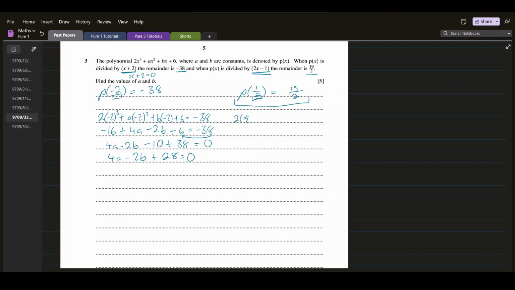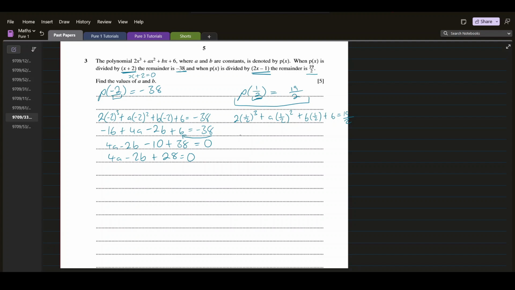That's 2 times half cubed plus a times half squared plus b times half plus 6, and this is equal to 19 over 2.